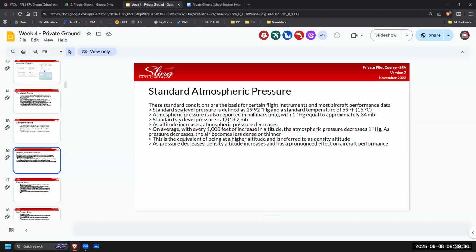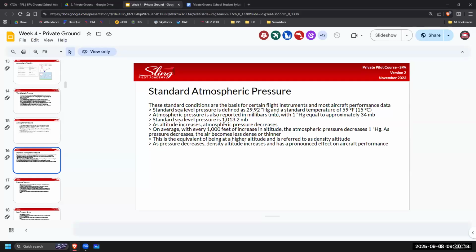You can also remember standard atmospheric pressure in millibars. That's going to be 1013.2 millibars, right there on the 3rd little arrow. So pressure is reported usually in inches of mercury, like 29.92, but it's also millibars that you might need to know, 1013.2.